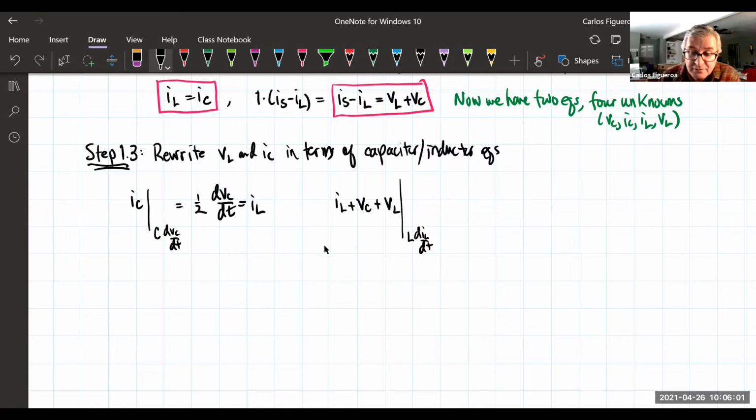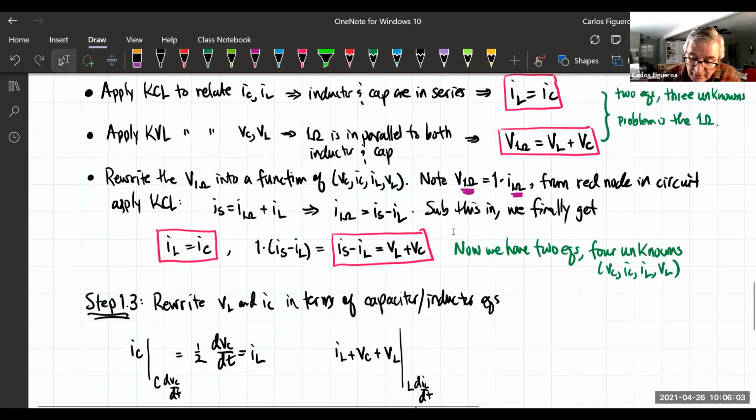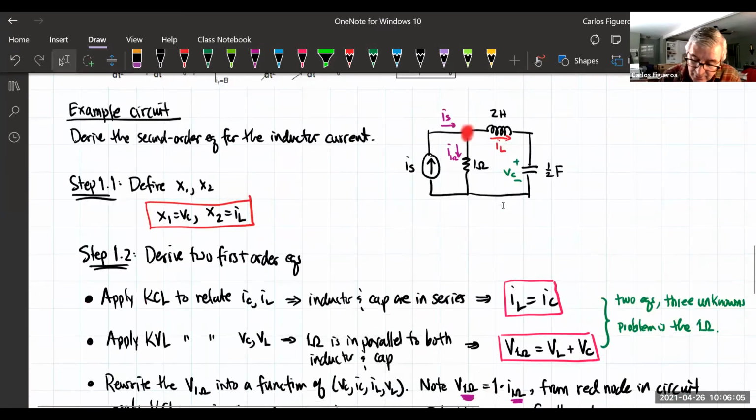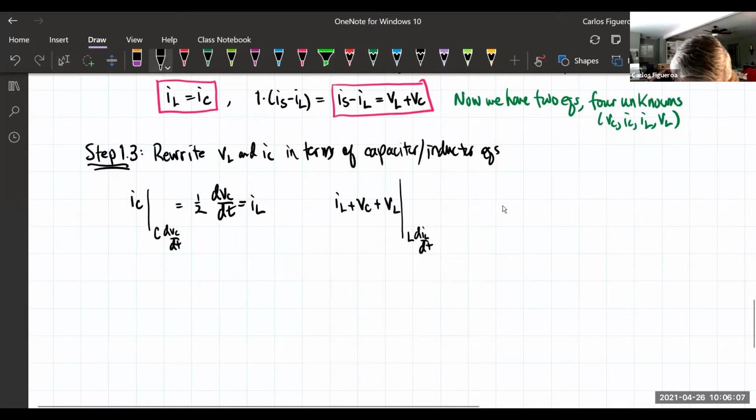And look at the inductor. The inductor has a value of 2. So then I'm going to write this as IL plus VC plus 2 di dt, and this is going to equal to I source.